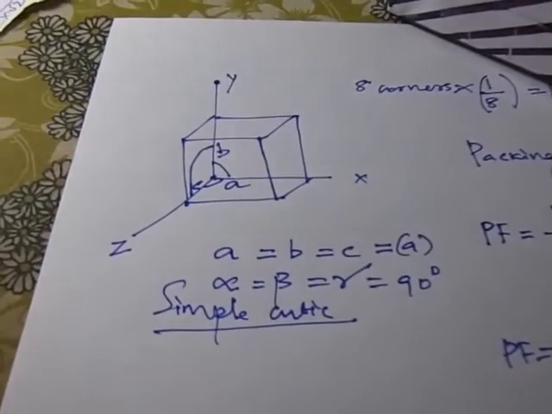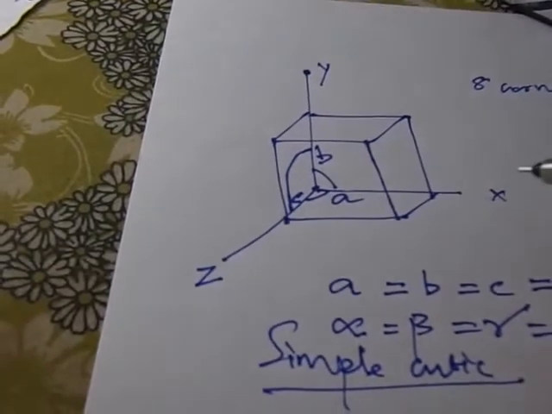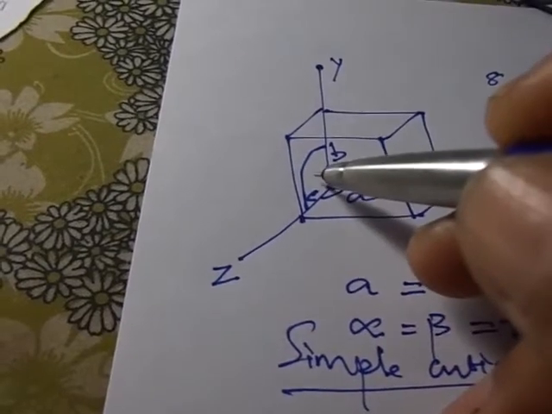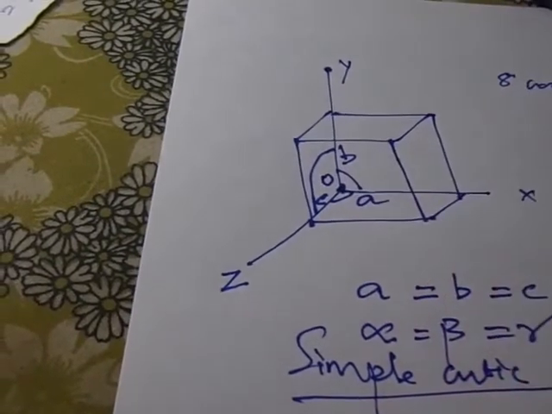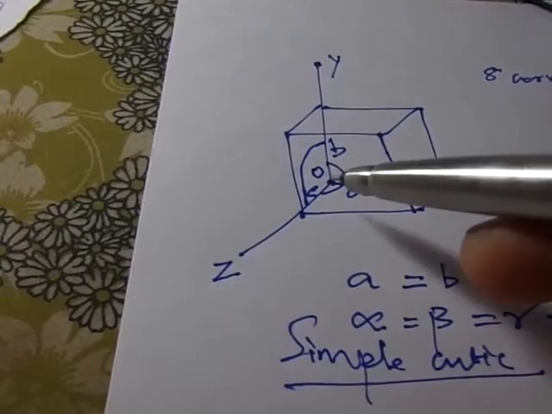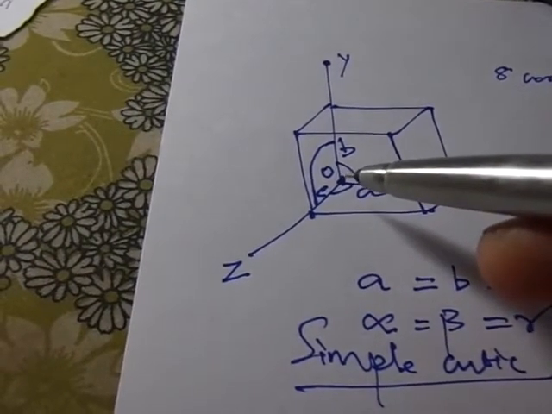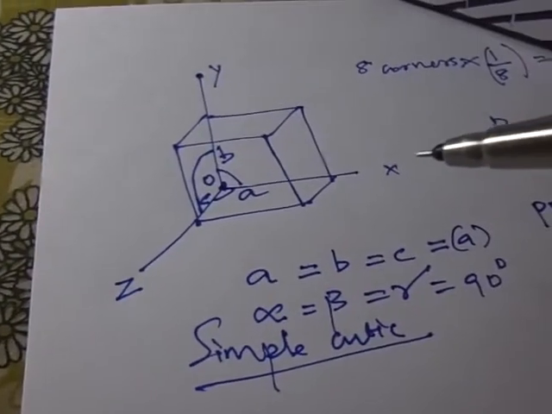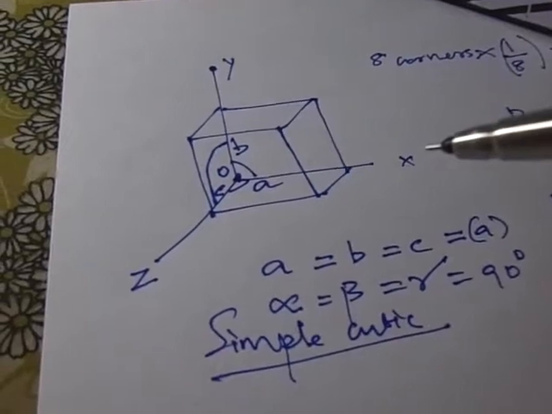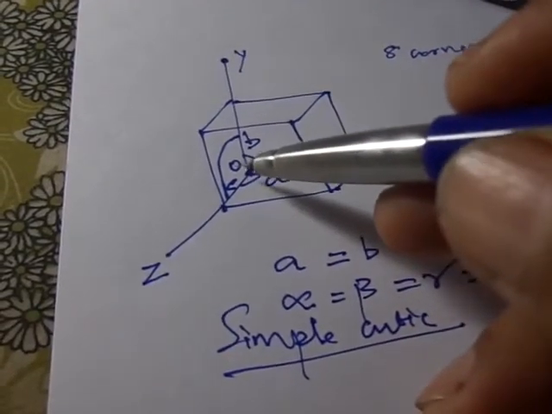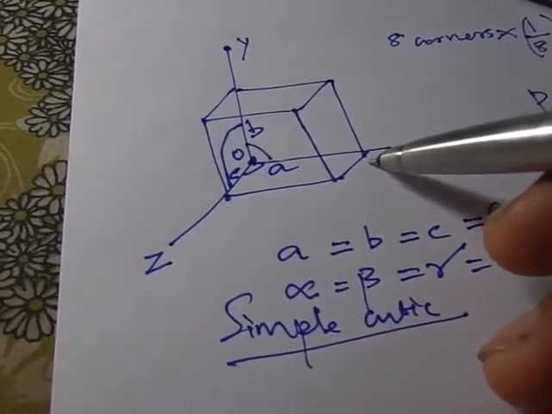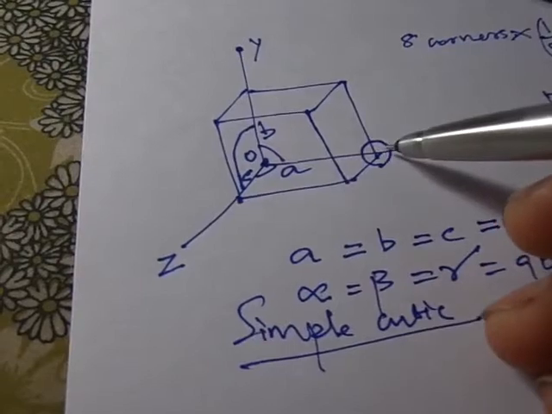Coming back to this figure, it shows that atoms are present in each corner of this unit cell. Now considering this point, which happens to be the origin, and the atom present in the origin we are considering now. The number of nearest equidistant neighbors is called coordination number. So with respect to the atom in the origin point here, it has neighbors over here in the same line in the x-axis.